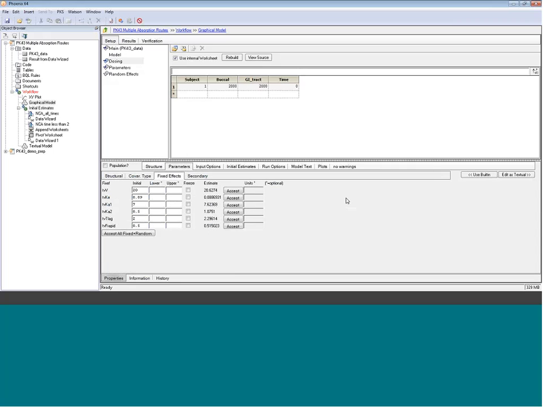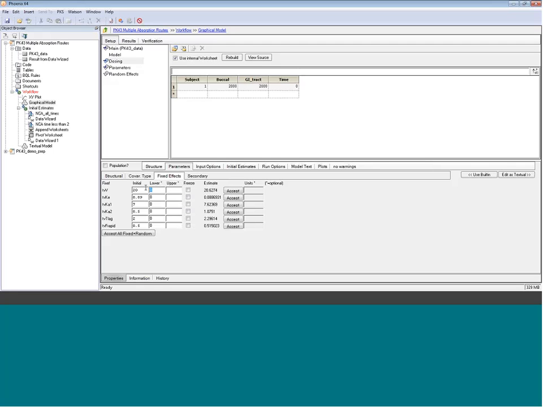Sometimes if you have difficulty fitting, you might do an initial run and get values that don't make sense somehow, or there's some sort of problem with the model. You can confine the parameter space by defining lower and upper boundaries. For example, a logical lower bound for any parameter in the physiological realm is going to be 0. These are all going to be positive.